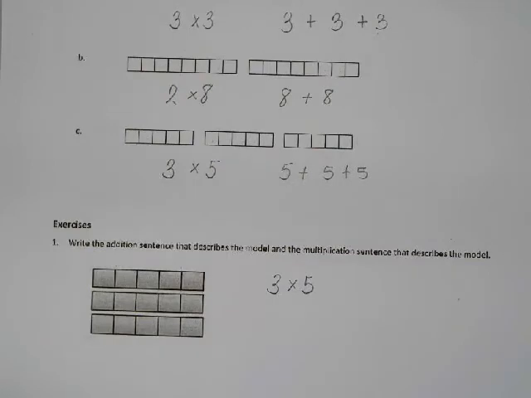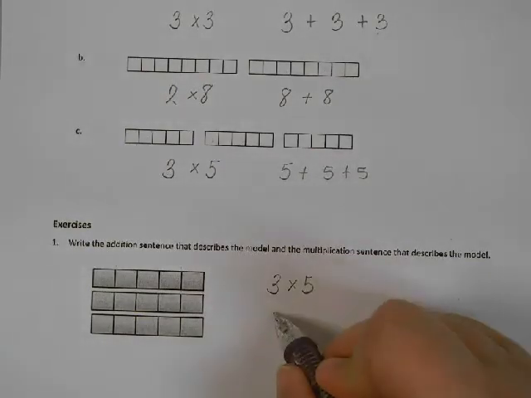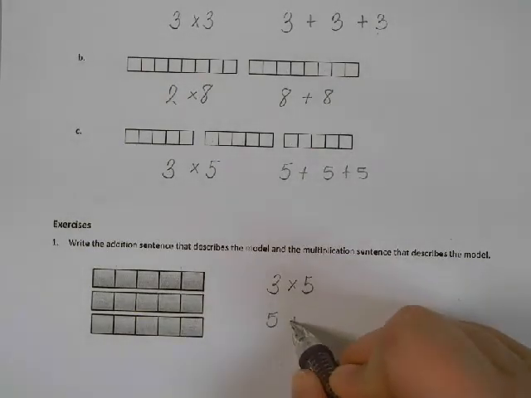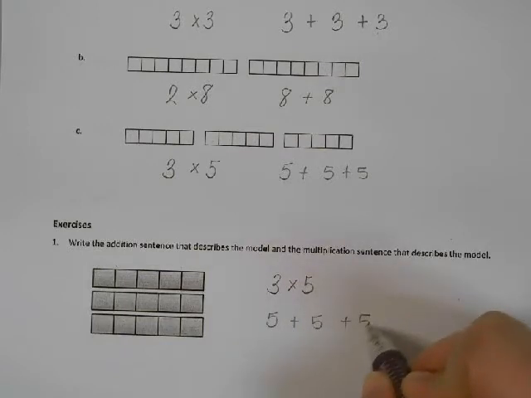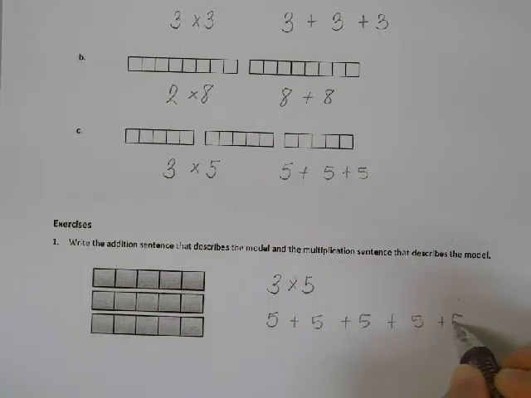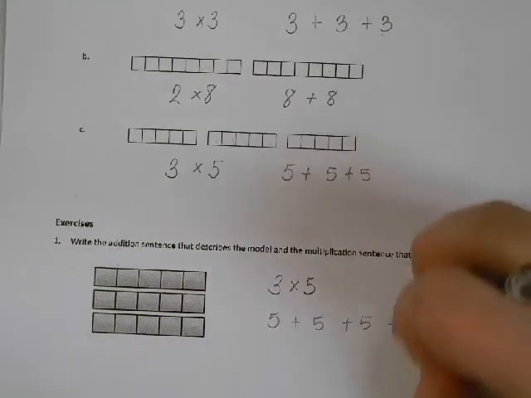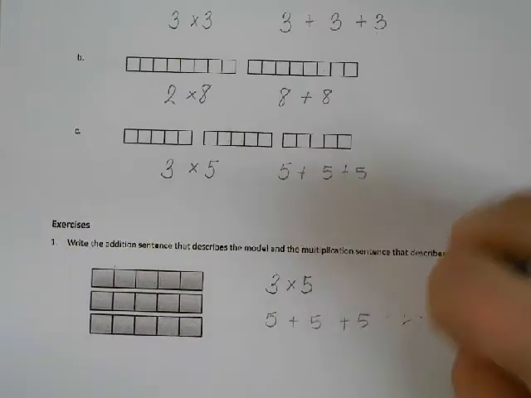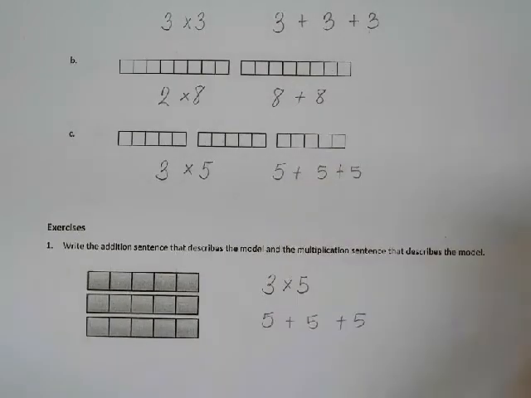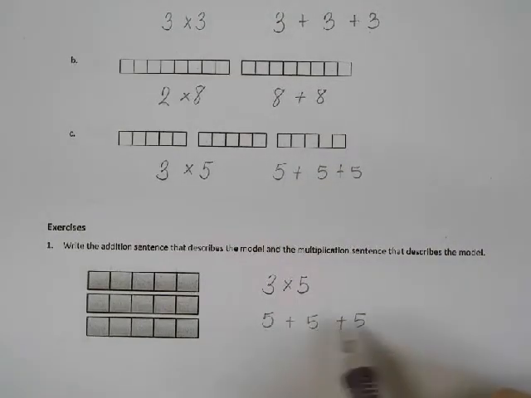So 3 groups of 5. So then I can do 5 plus 5 plus 5 because I need 3 5s.